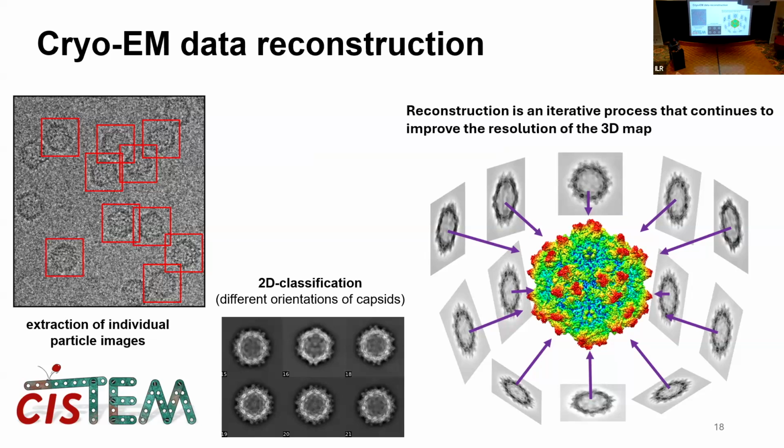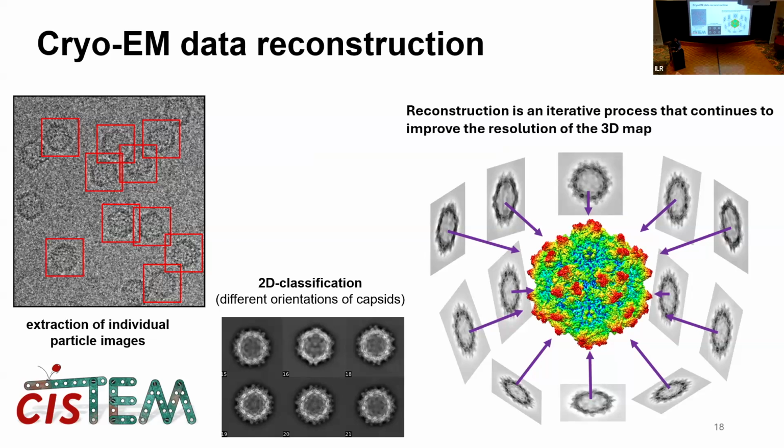Then you take these particles and classify them into different orientations of capsids, known as 2D classification. Then the reconstruction is an iterative process, and the computer does refinements as well, taking all these different orientations in order to build this 3D model that you see here.